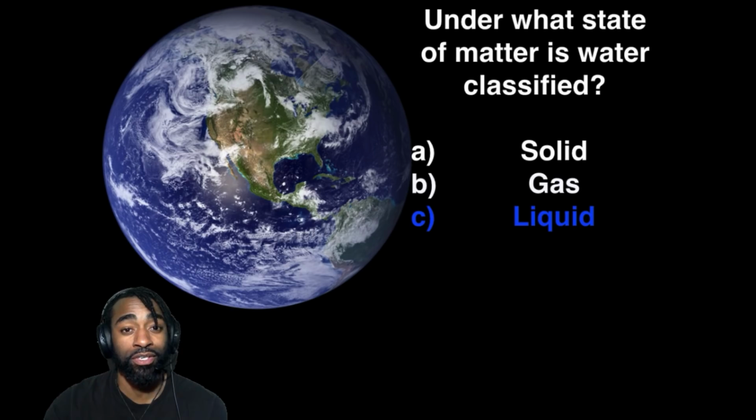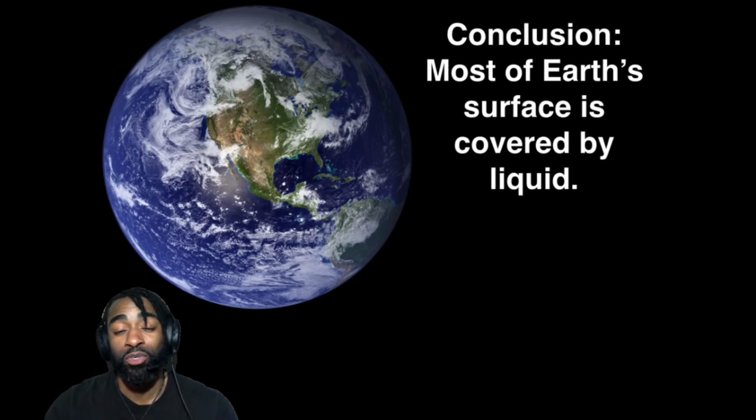And if you chose C, you are correct. Now, let's take a look at the conclusion here. Most of the Earth's surface is covered by liquid. That's what we just established by answering those questions. Still with me? Good. Now, let's take a quick look at a short video outlining the physics of liquid.